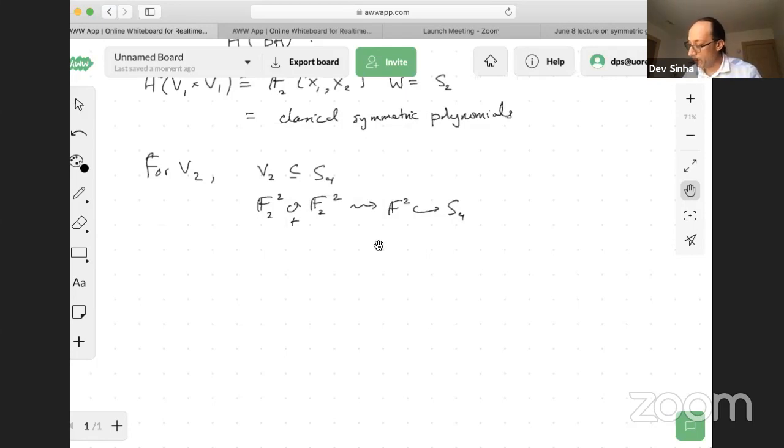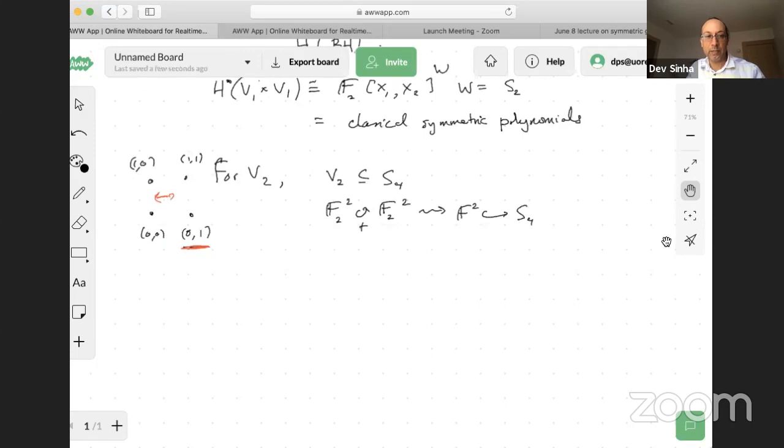If I think of those 4 things as (0,0), (0,1), (1,0), and (1,1), then acting by (0,1) will exchange those sets of 2 points, and acting by (1,0) performs the exchange of these two.